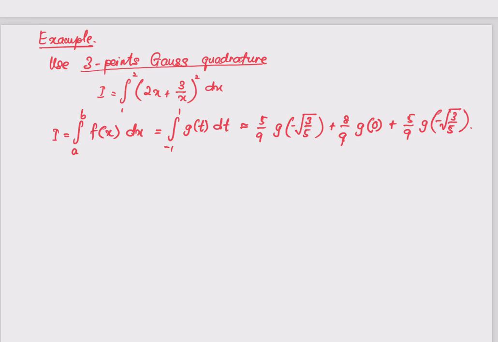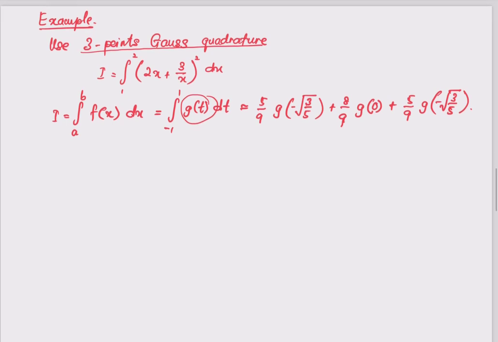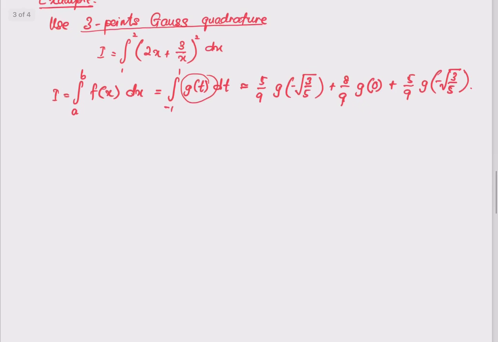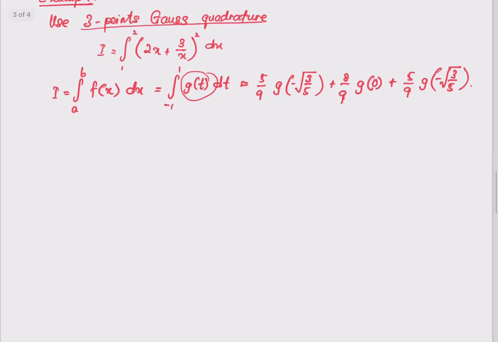For this example, again it is the same as what we discussed just now by using the 2-point formula. So the important thing is we need to find what our function g is here. And we can find it by, the first step, using the transformation.